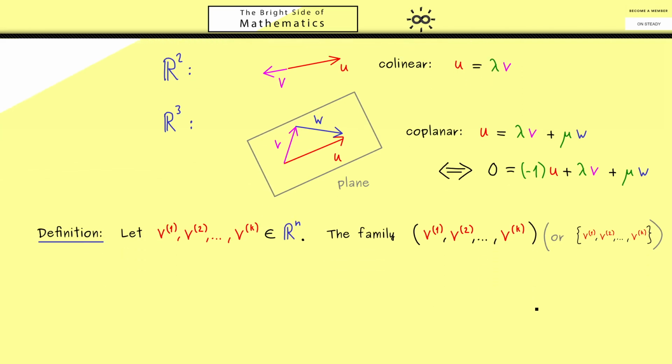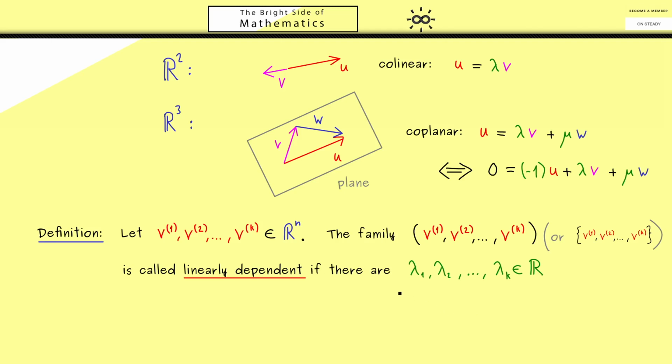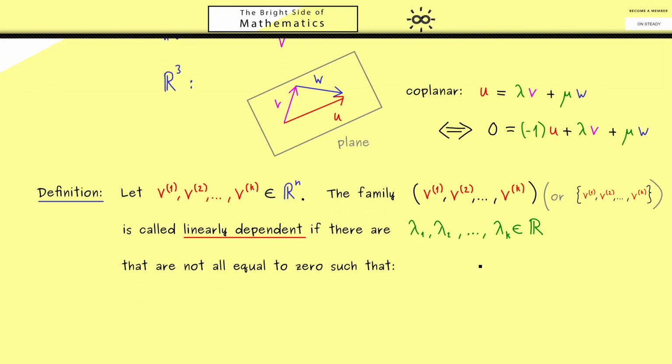More precisely, this means we have a linear combination like this above, where the coefficients are not just zeros. Of course, with zeros this would not be exciting at all, because there it would always be possible to get to zero. Hence, what we need are k real numbers, lambda 1, lambda 2 and so on. Now, some of them could be zero, but the important thing is not all of them are zero. And then we want to have our linear combination like above.